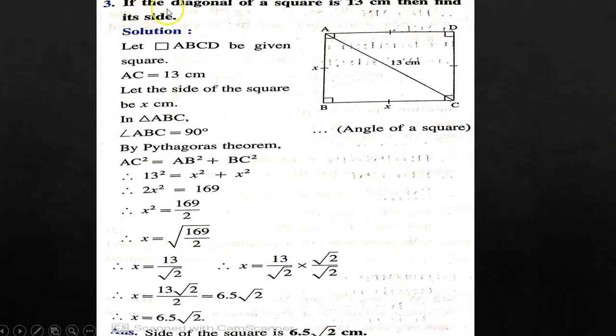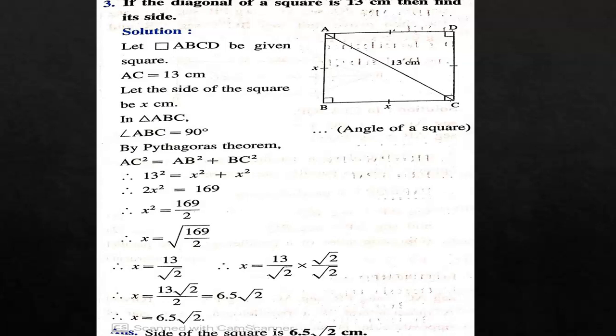Question number 3. If the diagonal of a square is 13 centimeters, then find its side. So, we have a figure for reference. Let quadrilateral ABCD be the given square. AC is 13 centimeters. Let the side of the square be x centimeters.